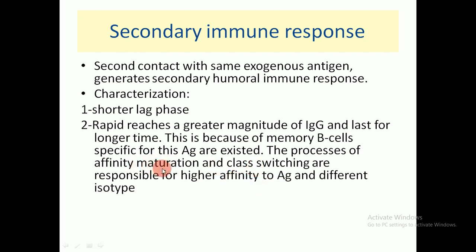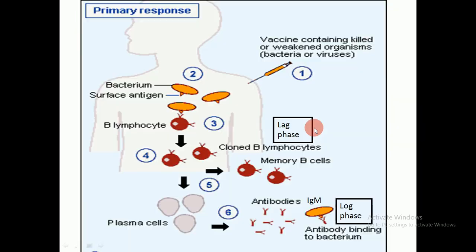By affinity maturation, we mean that the antibody binds the antigen with high affinity, and by class switching we mean that there is a switch from IgM in the primary immune response to IgG in the secondary immune response.